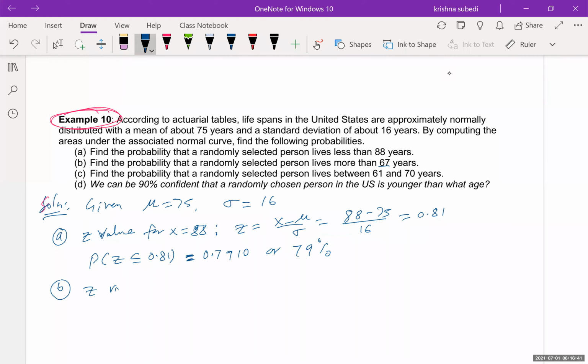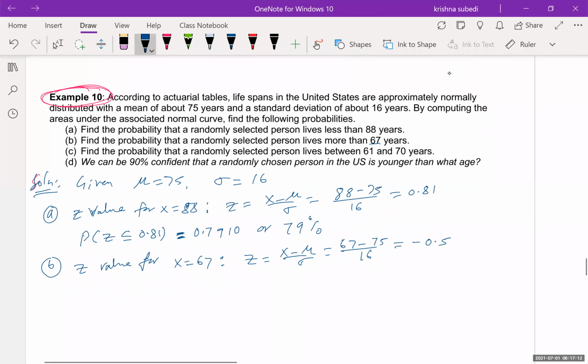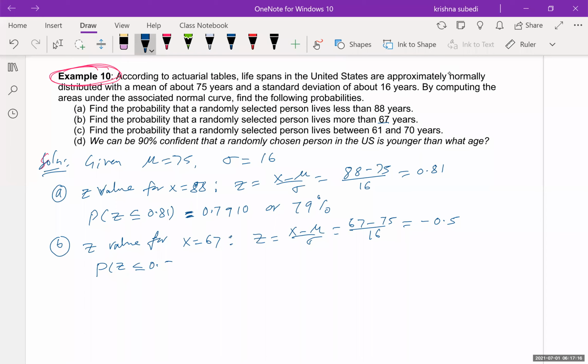Okay, so the Z value for x equals 67 is z equals x minus mu over standard deviation, which is 67 minus 75 over 16, which is equal to negative 0.5, and the probability of z less than or equal to negative 0.5 equals, how much is that? 0.3085, I believe, right? Yeah.